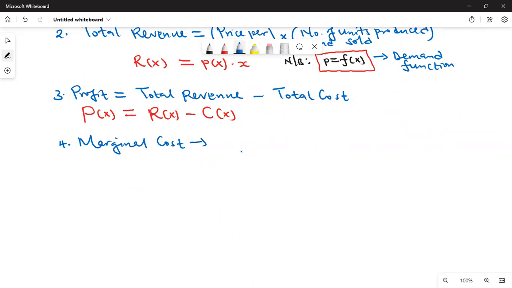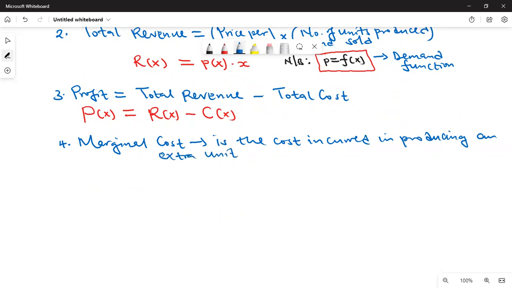It is the cost incurred in producing an extra unit given that X units have already been produced.